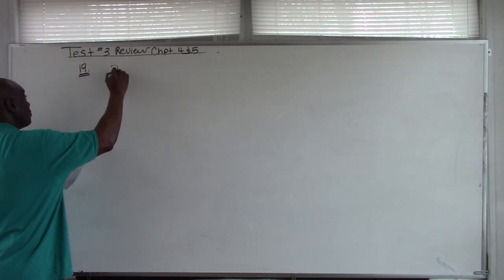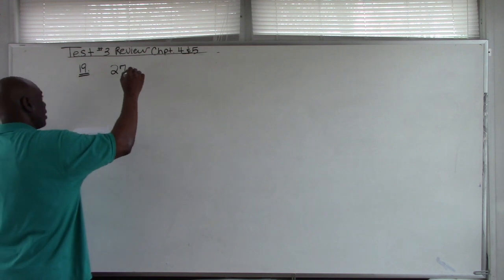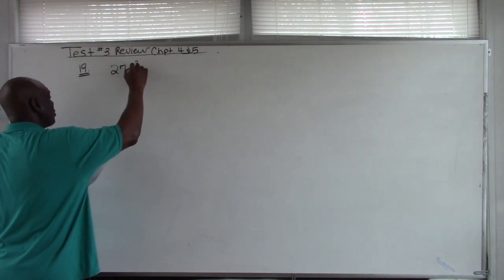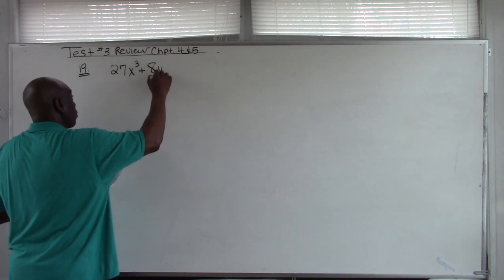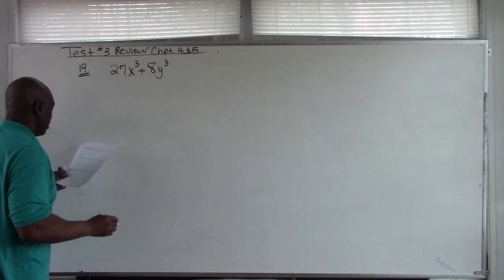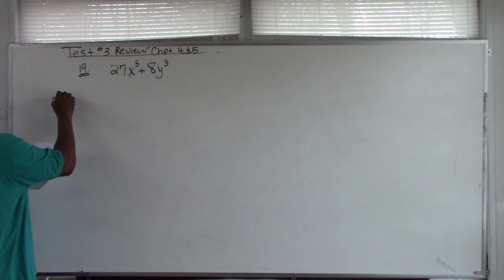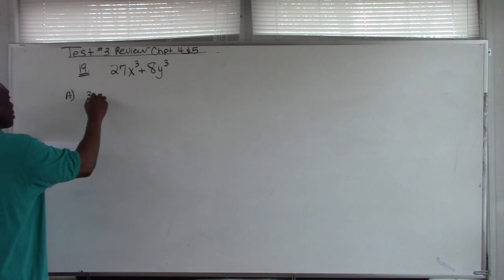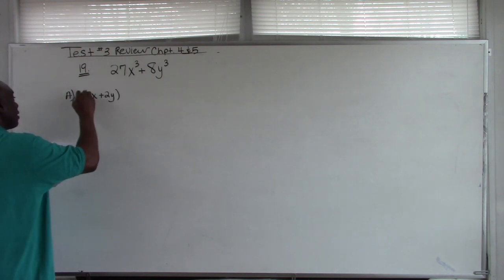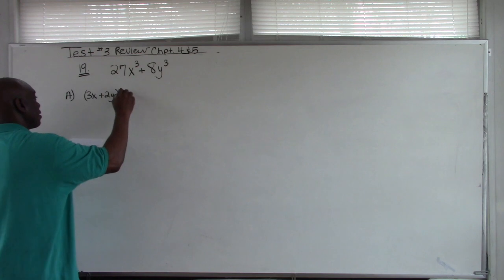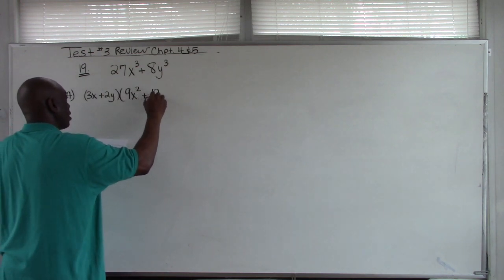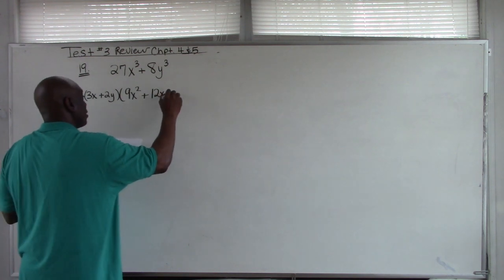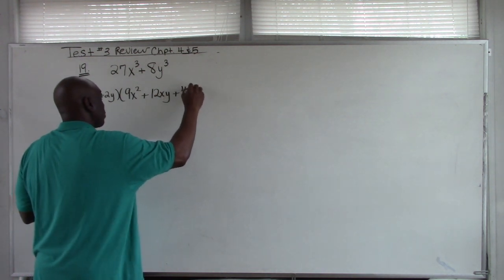We have 27x cubed plus 8y cubed. And the answers are A, it could be 3x plus 2y times 9x squared plus 12xy plus 4y squared.